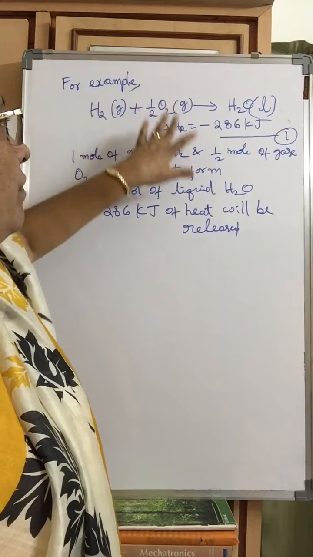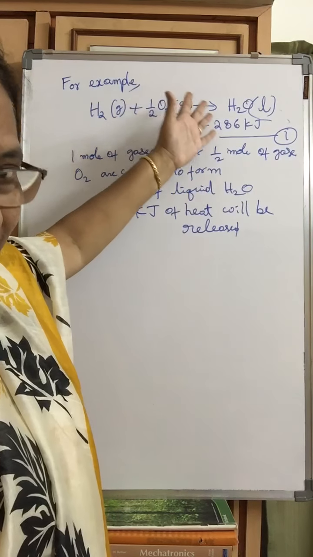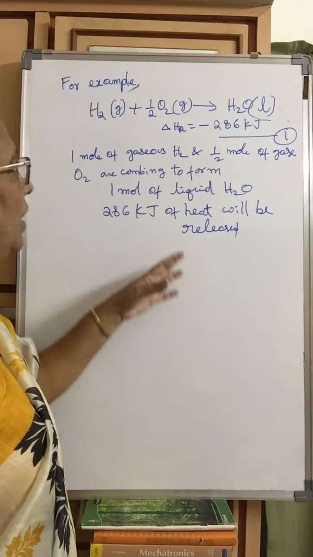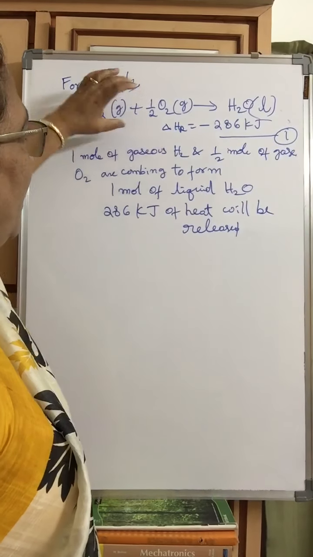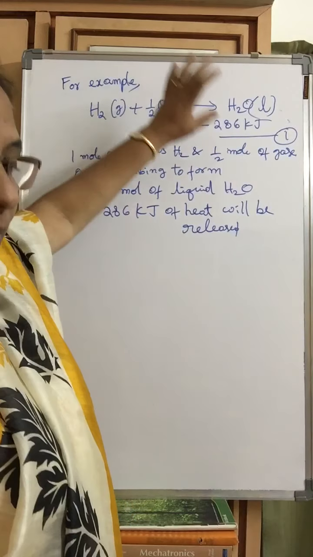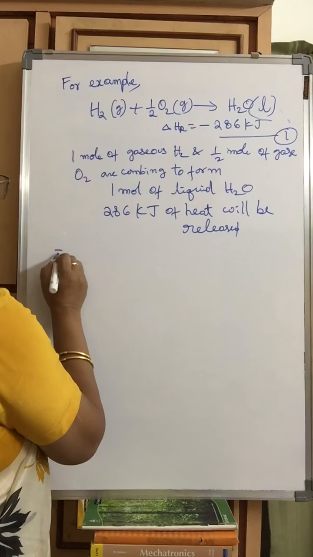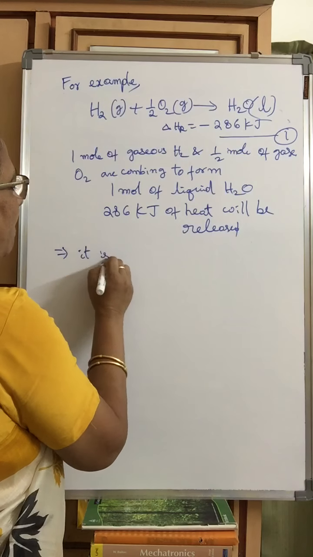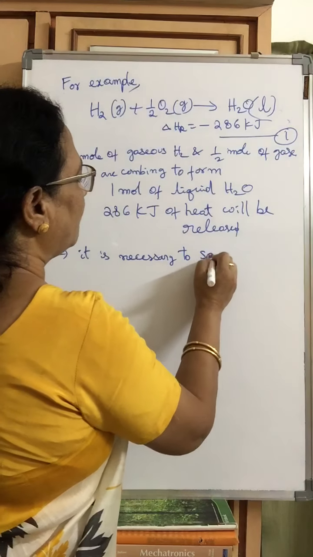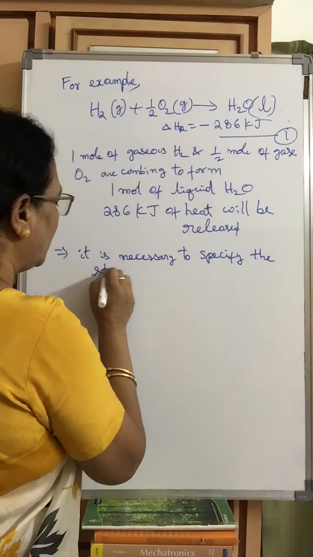That is the meaning of this heat of reaction, or enthalpy change, nothing but Q only, actually. It is also known as Q only. And whenever we are writing this stoichiometric equation, it is necessary to specify the state of the components.